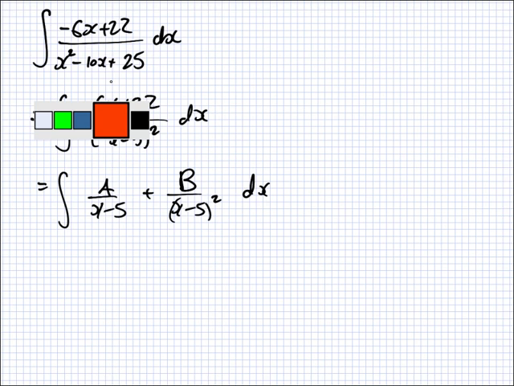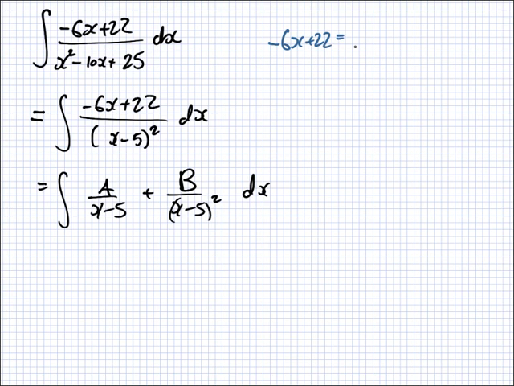Right. So let's get the a and b now. We can say minus 6x plus 22 equals a times x minus 5 squared plus b. So first I make x equal to 5. That's minus 8, is it? Is that right?